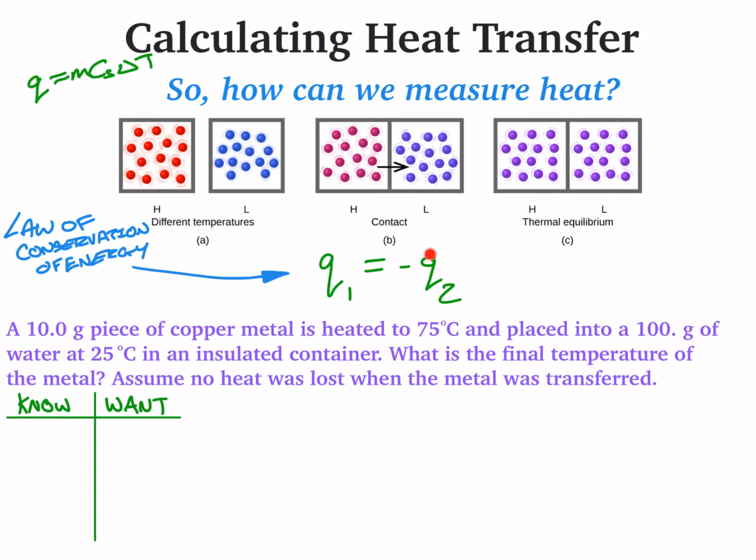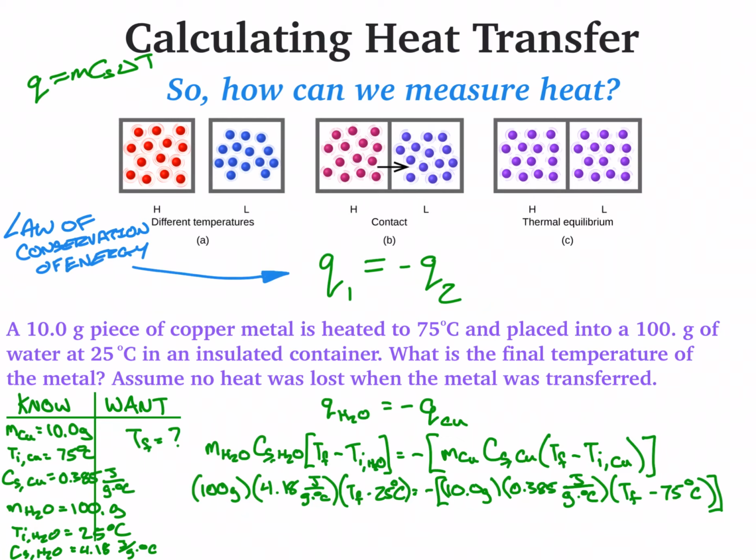Well, we can set up this equation and plug in the mass, specific heats and initial temperatures for the metal and for the water into this equation. But let's first set up our know-want table. Okay, so when I make my know-want table, and apologize, it's a little hard to read over here, I am pulling out my mass, my specific heat, and temperature values from this.